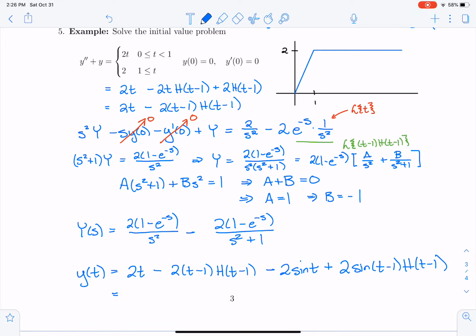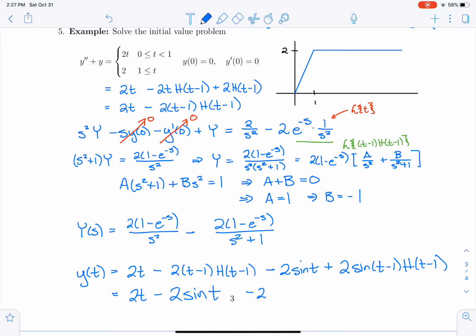So if I like, I can write this as 2t minus 2 sine t. And that's essentially the response to my forcing function of 2t. And then now I'm going to level off the forcing function.